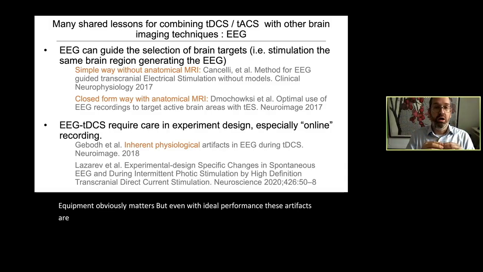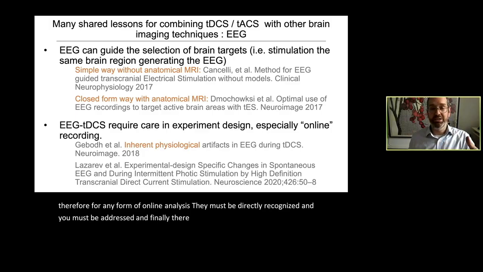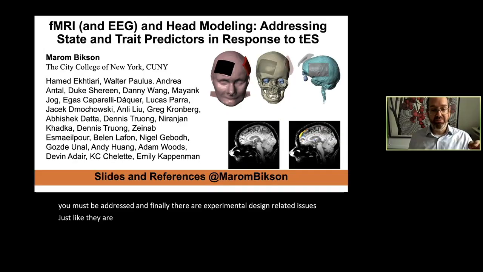And so therefore, they will always be there during online TDCS, TACS, and EEG. And therefore, for any form of online analysis, they must be directly recognized and they must be addressed. And finally, there are experimental design related issues, just like there are when combining TDCS and imaging.